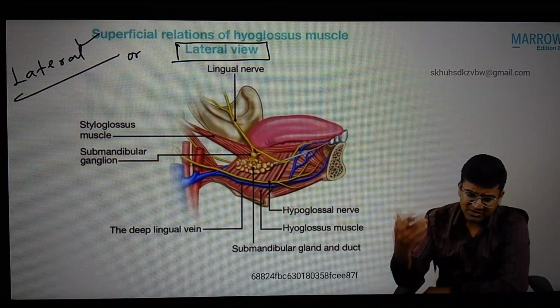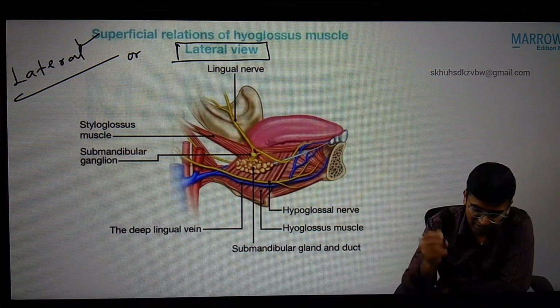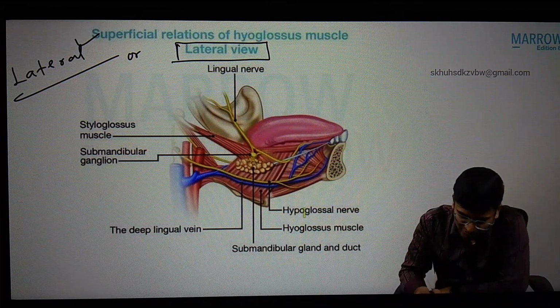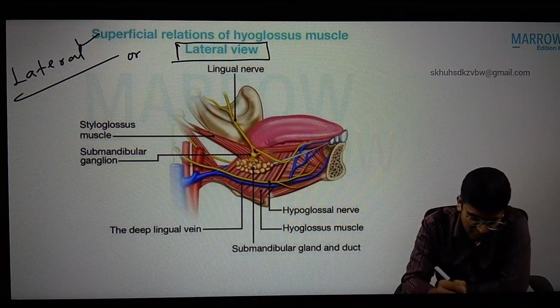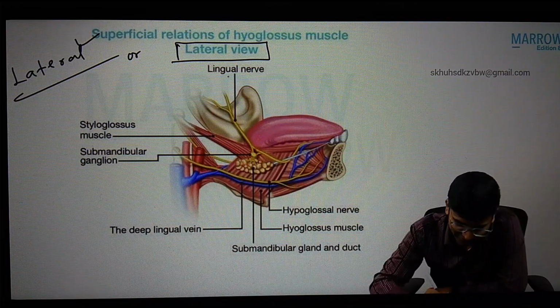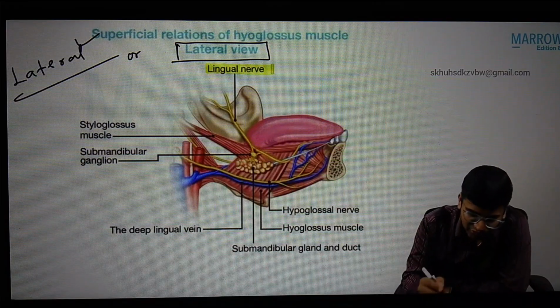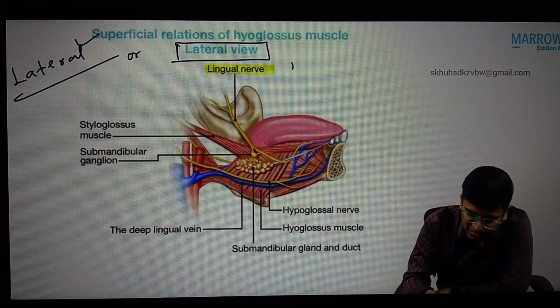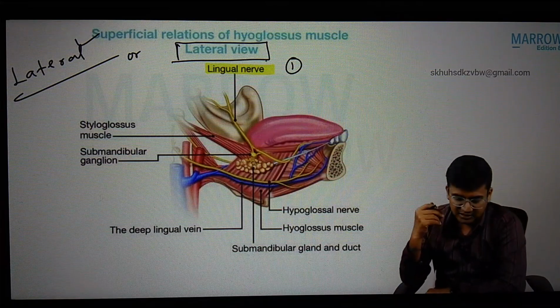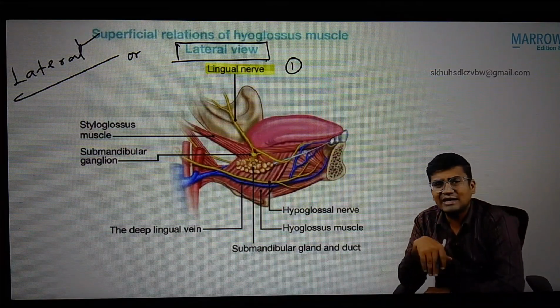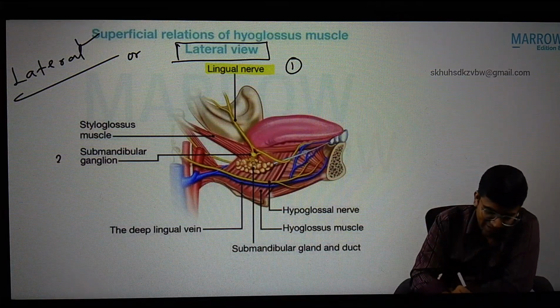Lateral to the hypoglossus muscle, we have number one, the lingual nerve. This is our lingual nerve. Number two, the lingual nerve suspending one ganglion, the submandibular ganglion.